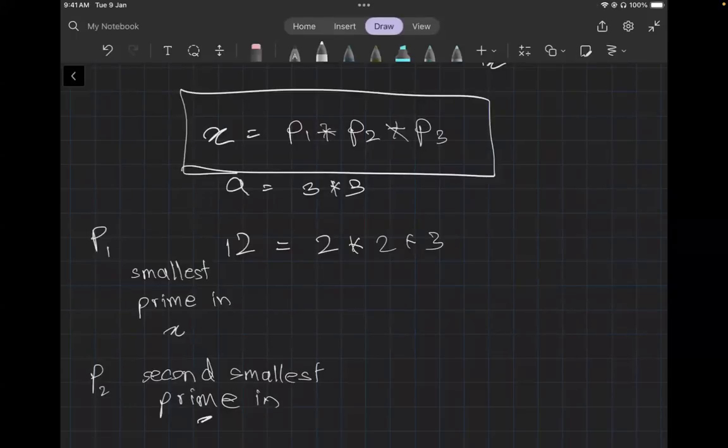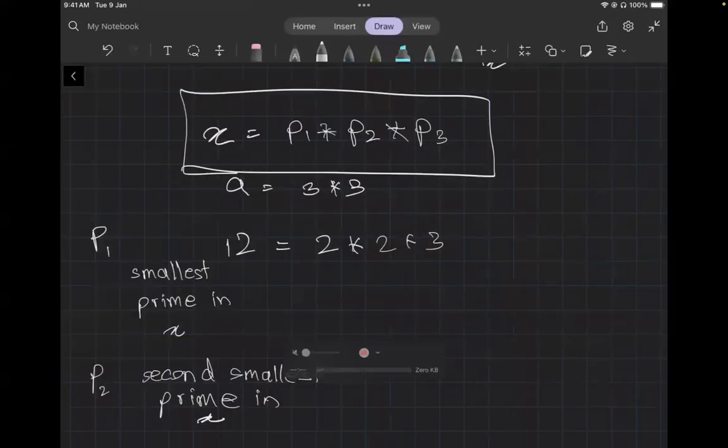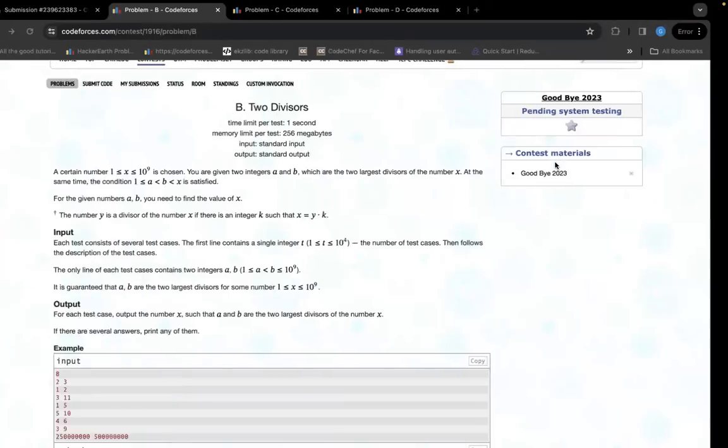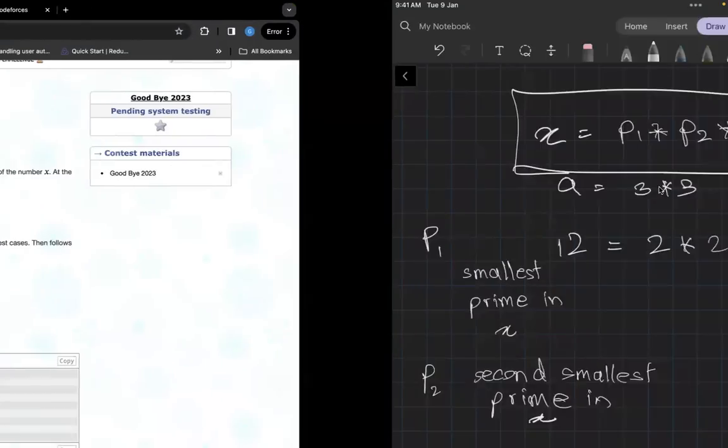Is this much clear, guys? Like a number can be represented as a product of primes, and P1 is the smallest prime, P2 the second smallest. Is this much clear?